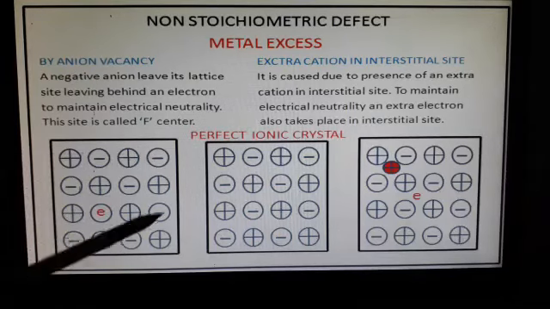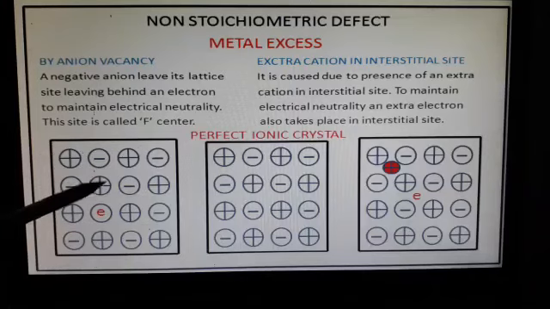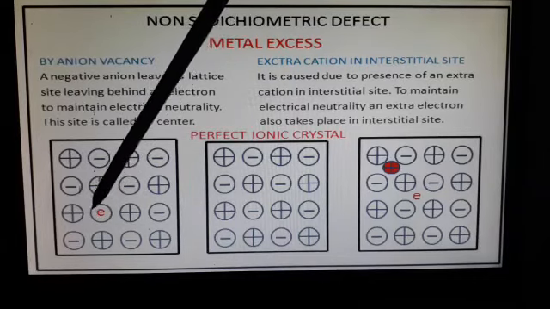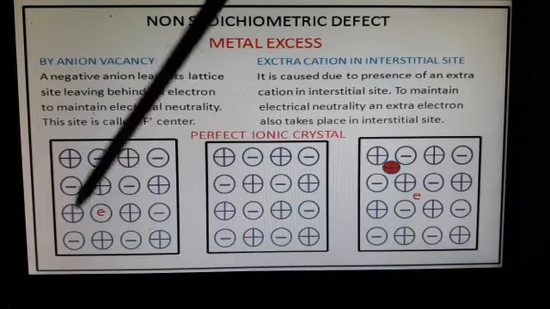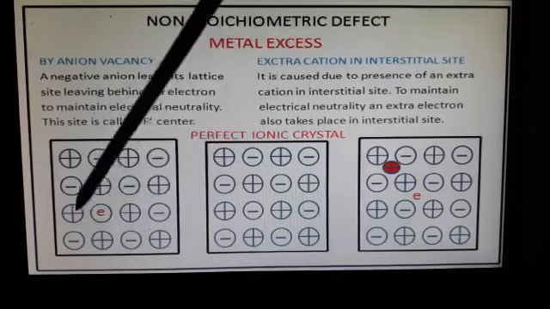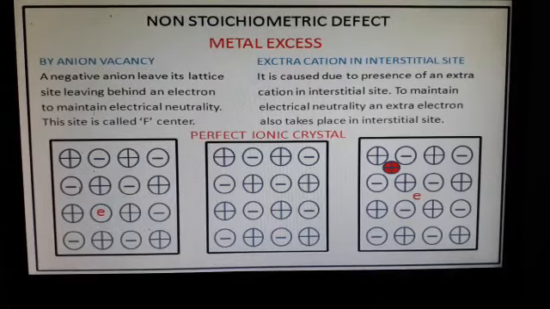So again, total number of plus is equal to total number of minus. So in such type of defect, anion is absent, meaning the position of anion is vacant. But again, the charge or electroneutrality is maintained.